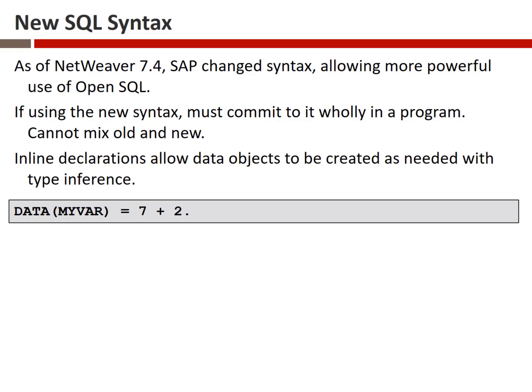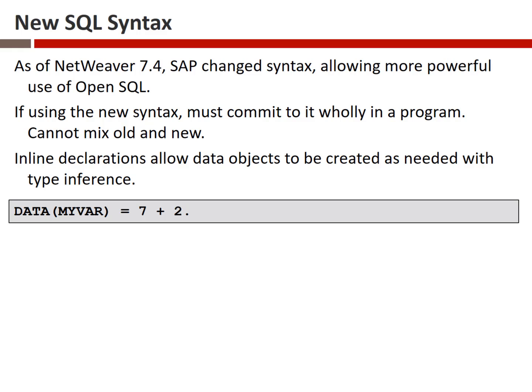You can create variables on the fly as needed by using the data statement and then putting in parentheses after the data statement the name of the new variable you want to create, and using that in a context where the system can infer what the data type should be.